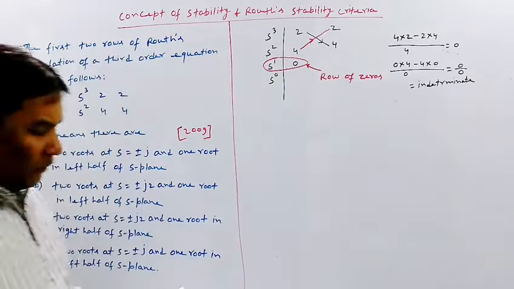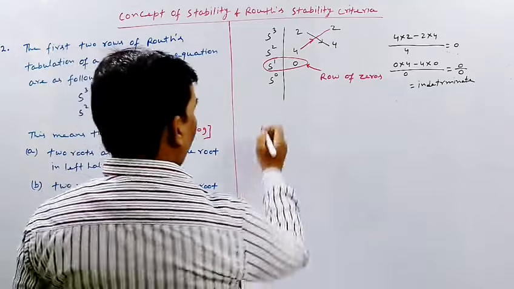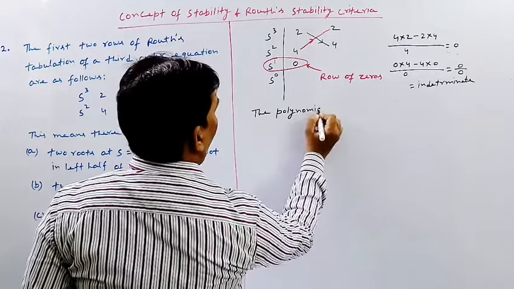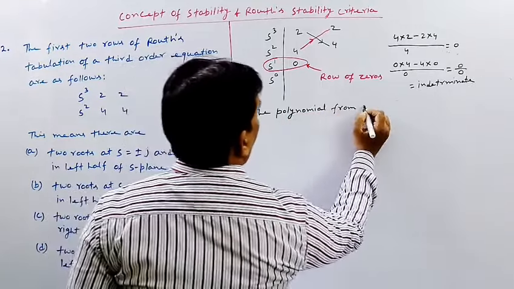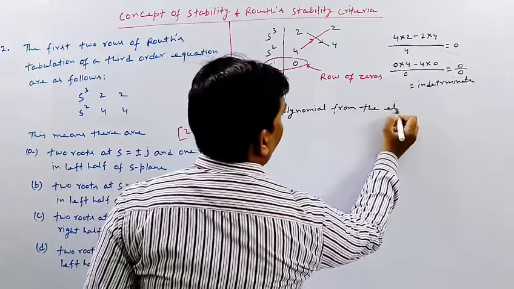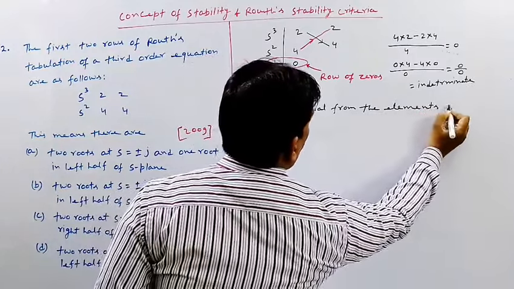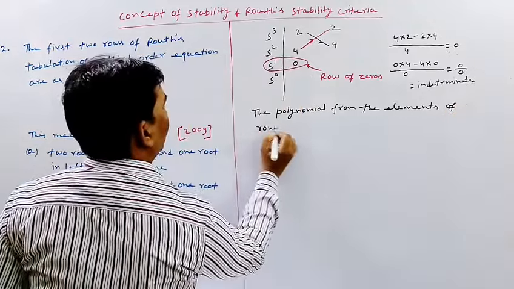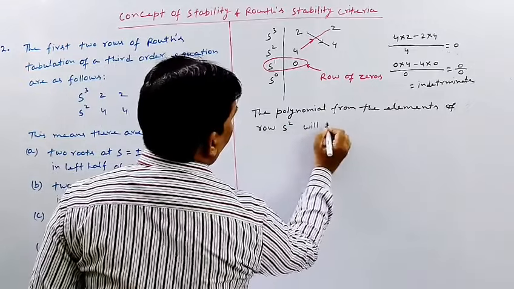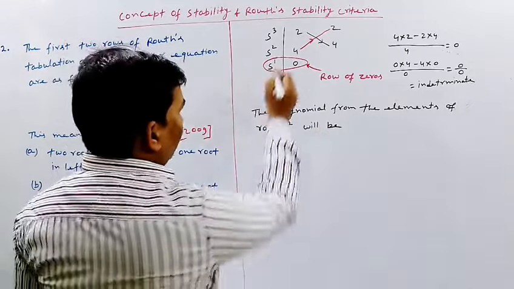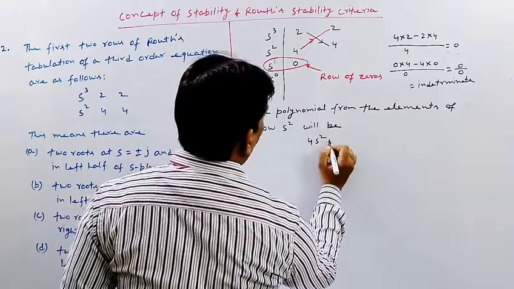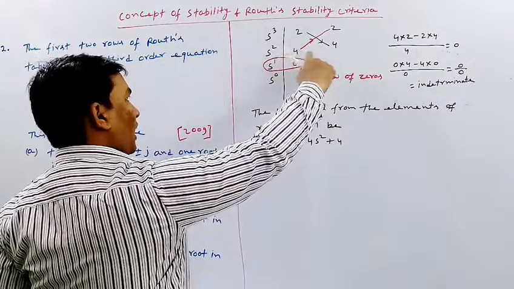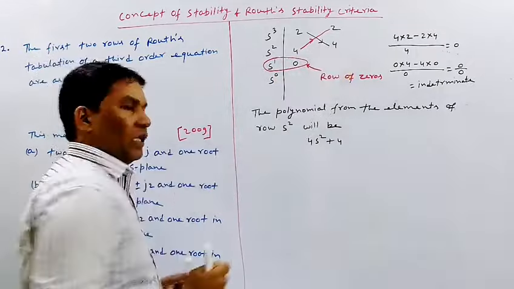So what will be the polynomial? The polynomial from the elements of row s square will be 4 s square plus 4, because here it is 4 multiplied by s square and this is 4 multiplied by s to the power 0, that is 4.